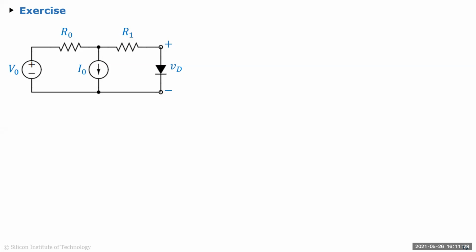Solve for VD, right? That's what I said, using node equation, solve for VD. The voltage across the diode is what I'm asking for, or the current through it, whichever.